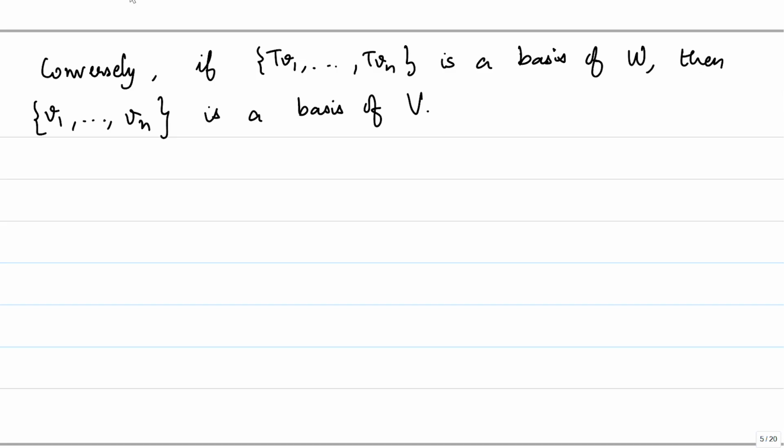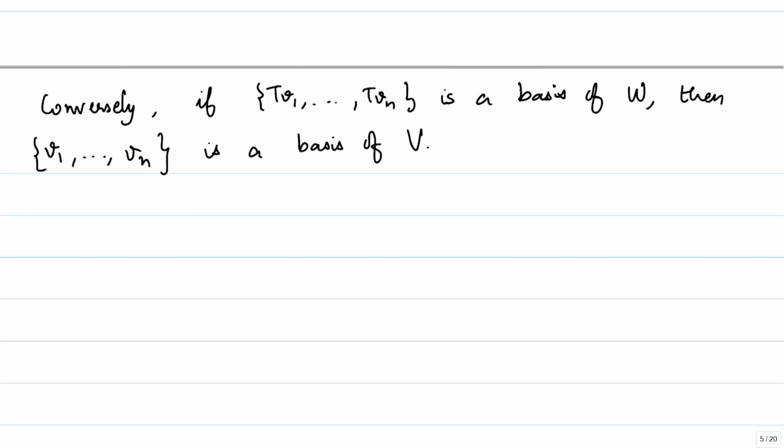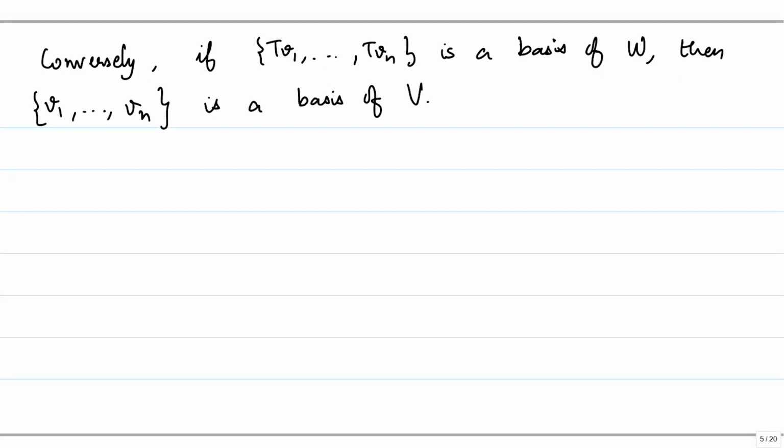We have to only specify the value of T at a basis, and that uniquely fixes what the linear transformation will be on the entire vector space. So it many times reduces our effort, if the vector space is finite dimensional, to bothering about a finite set.